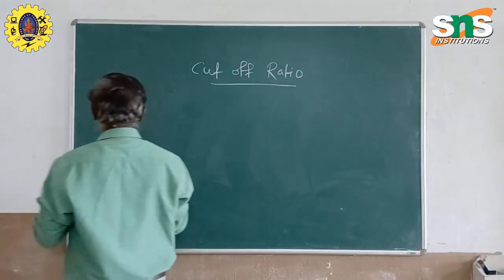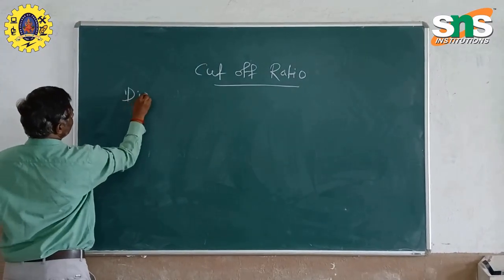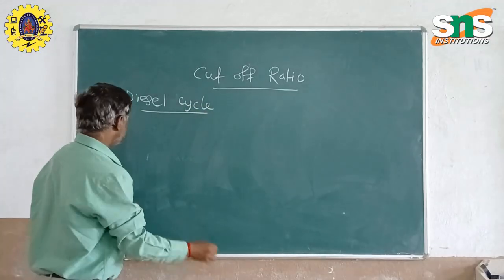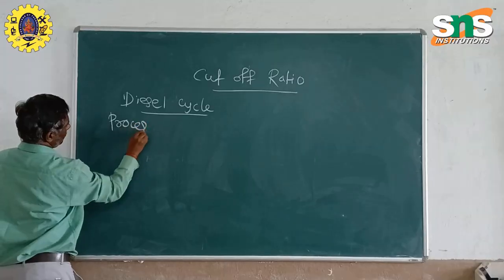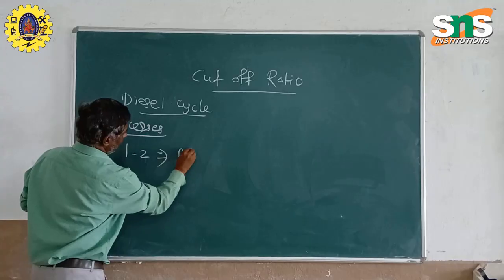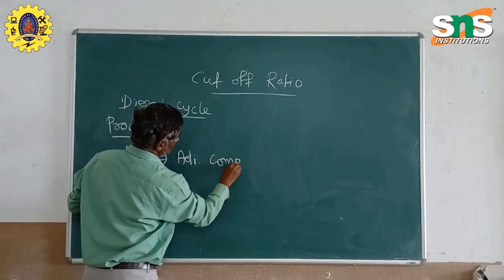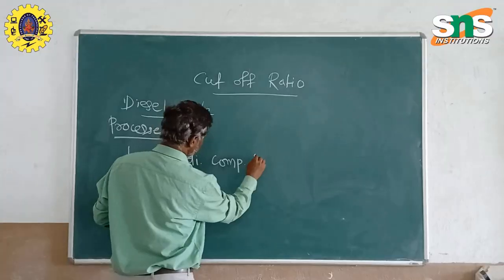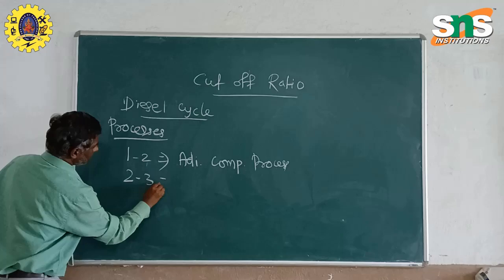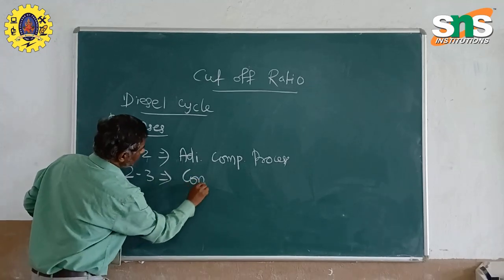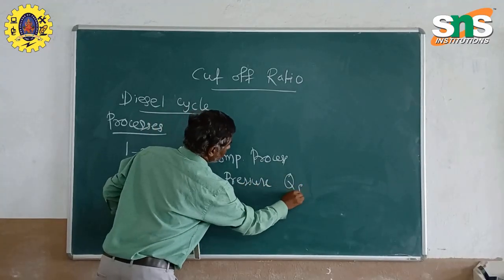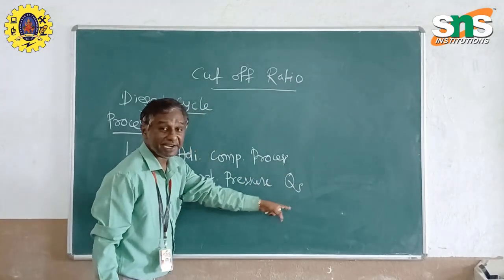I will give you the diesel cycle. The processes involved are: 1 to 2, which is the adiabatic compression process, and the next one, 2 to 3, which is constant pressure heat addition, or heat supply.